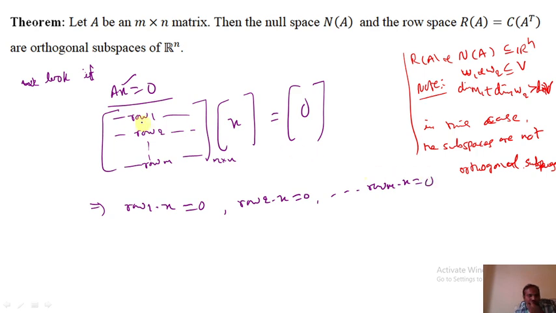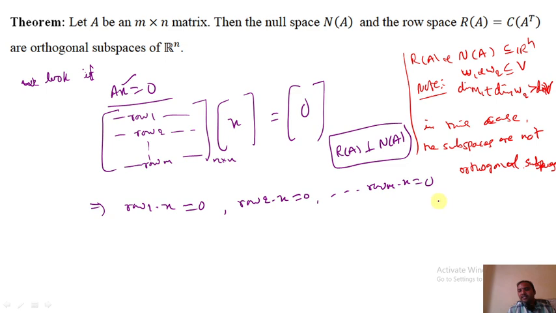That means each row, each independent row, has dot product 0, so each row is orthogonal to the null space vector. That's why the row space and null space are orthogonal subspaces.